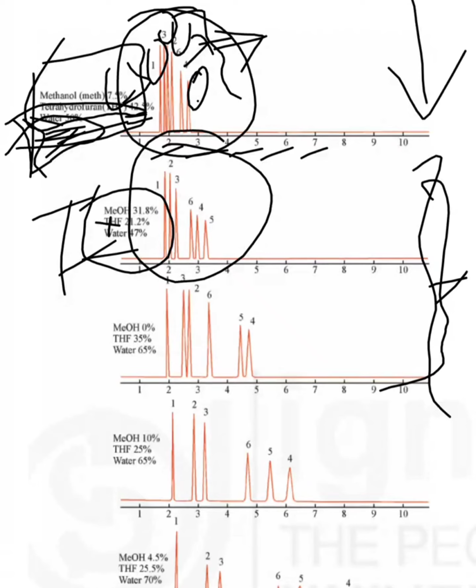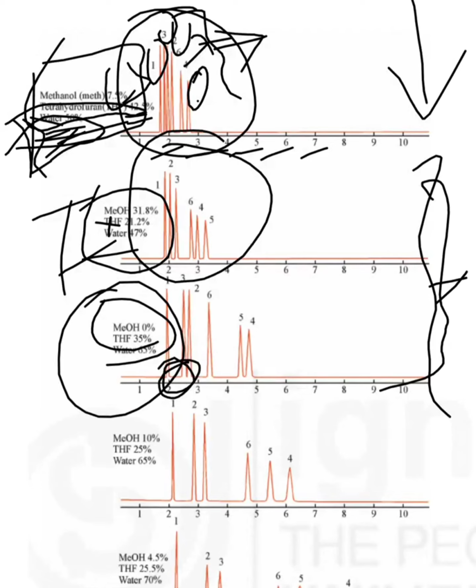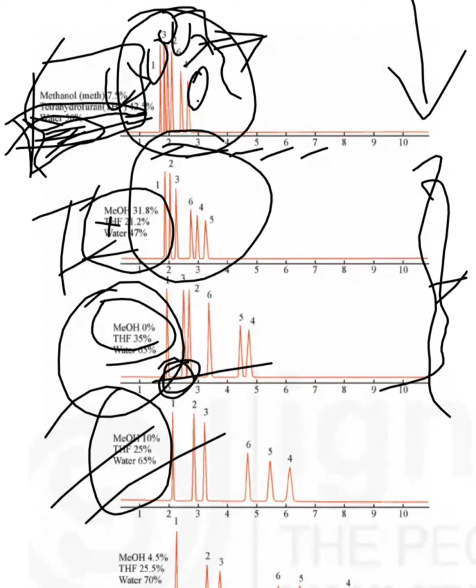There is more distance, so it can be separated easily. Here methanol we have taken 0%, and here it was 31.8%. When methanol is 0, it is separated here. By varying the concentration of the mobile phase, we can separate it.